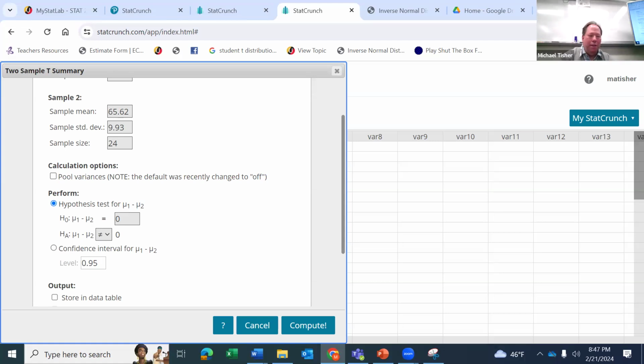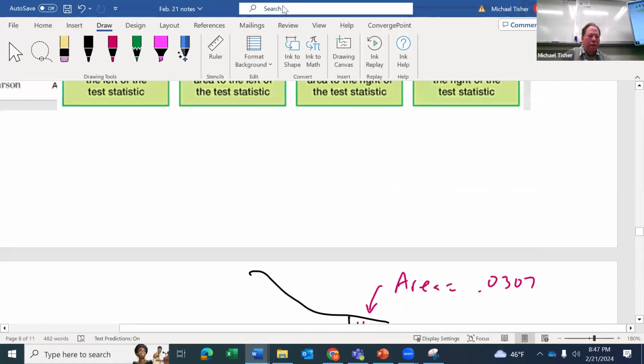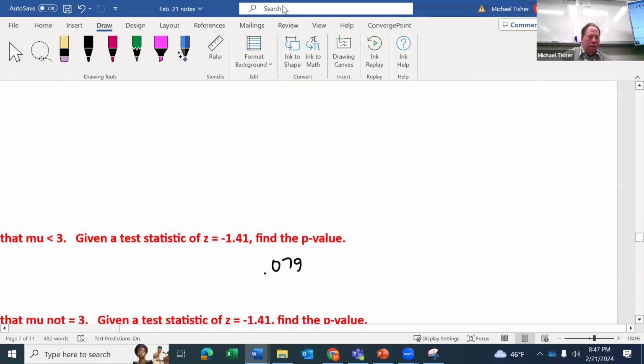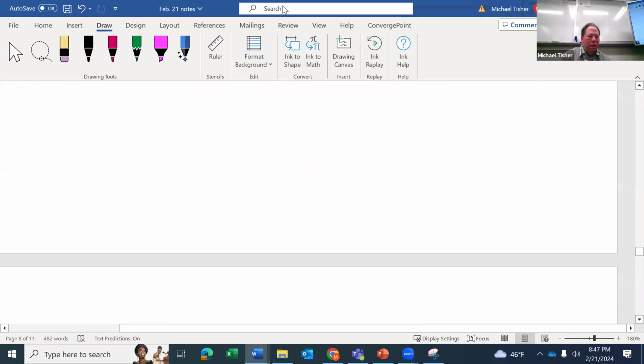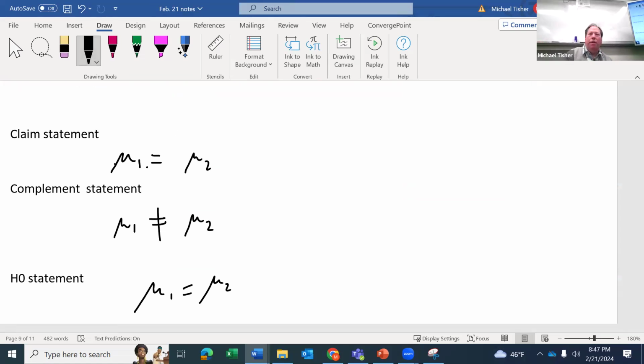Let me try to explain what that is. Okay, so traditionally, whenever you do a two sample test, you have to get 0 on one side. So we have mu1 equal mu2, and we want to try to get 0 on one side.